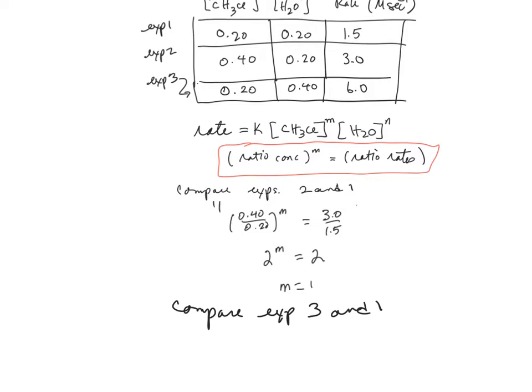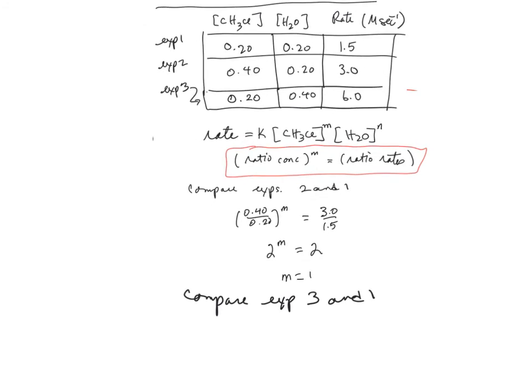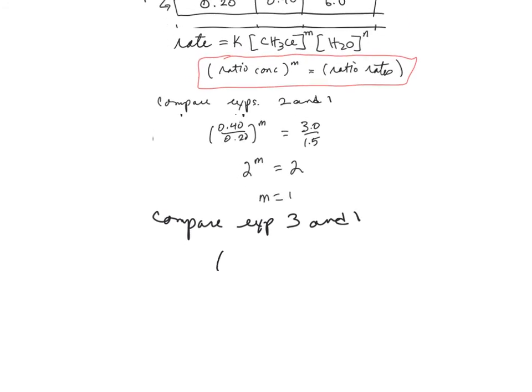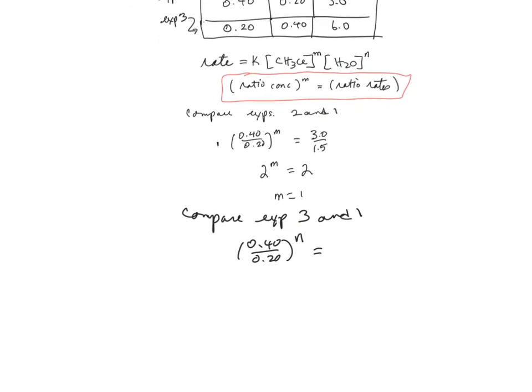And you can just look at that table and say, okay, if I double the water concentration, it's a 4-fold increase in the rate. Therefore, n has to be equal to 2. But let's do it systematically. So we're going to say 0.40 divided by 0.20 raised to the power n, and that will be equal to 6 divided by 1.5.